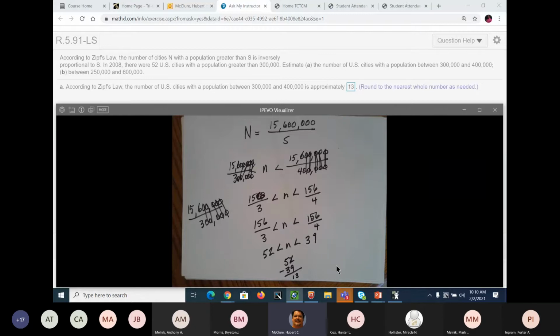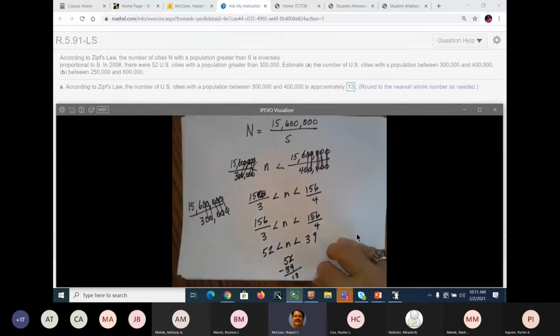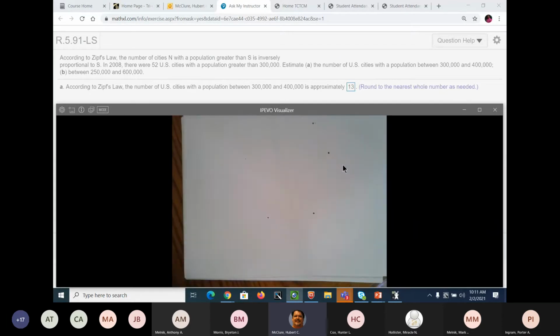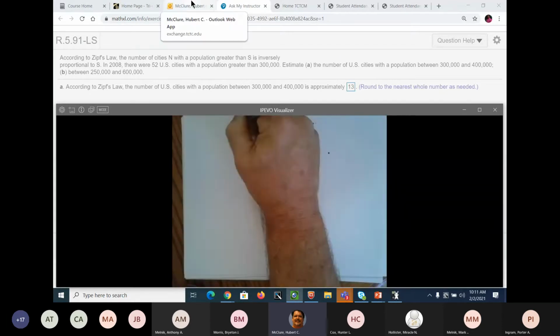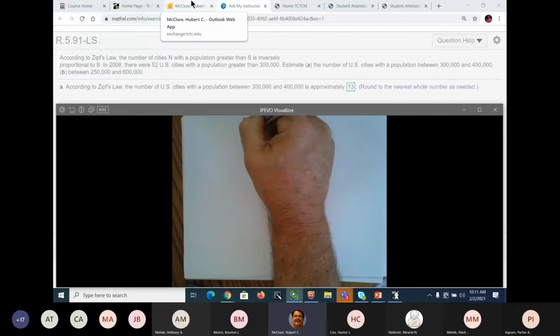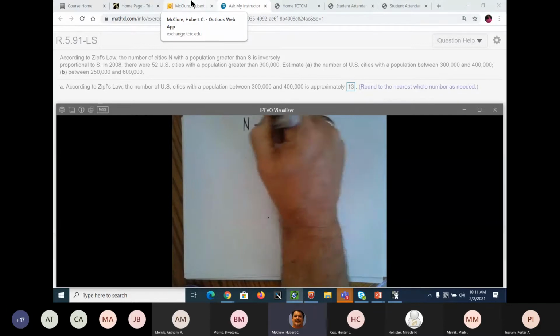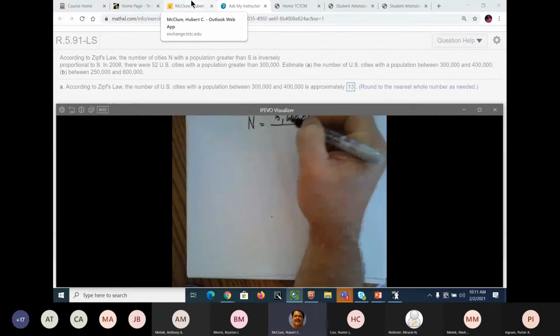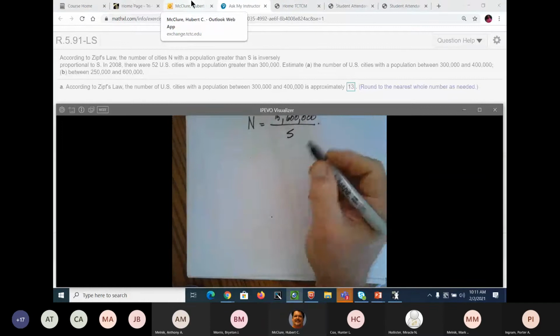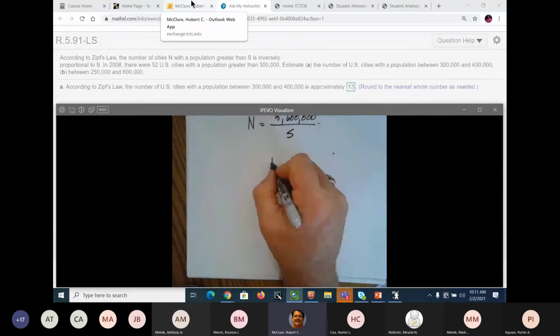So now let's do B. I'll show this again. Let me go ahead and write it down. N is equal to 15,600,000 divided by S. And I just put N between, and maybe I should turn it around, but it doesn't really matter.